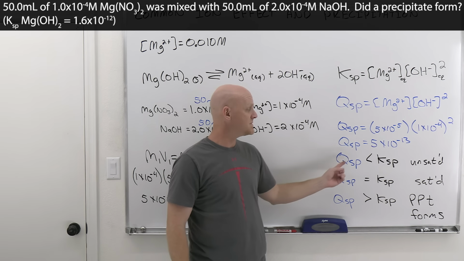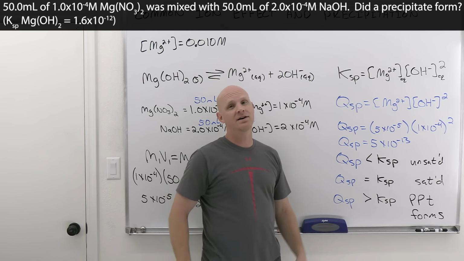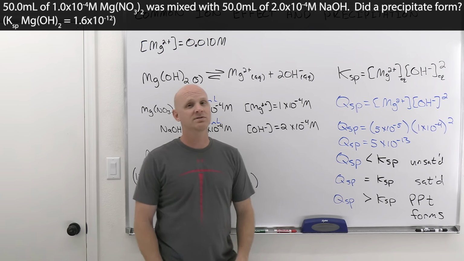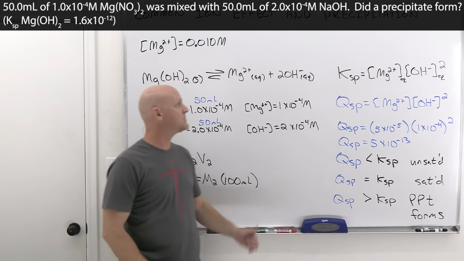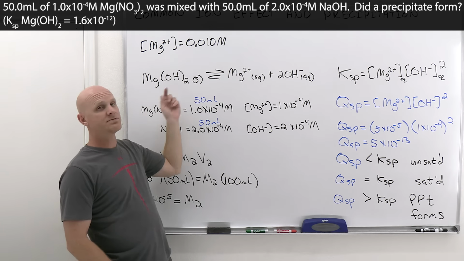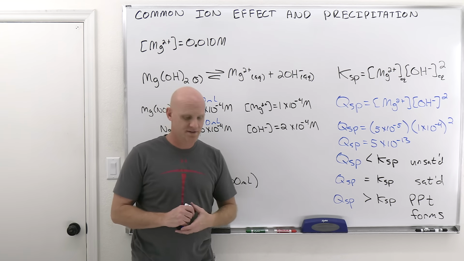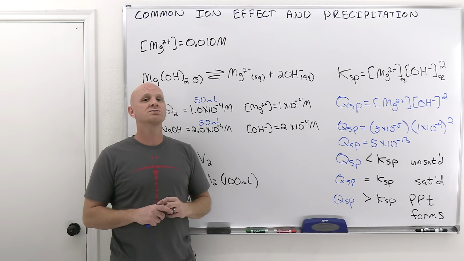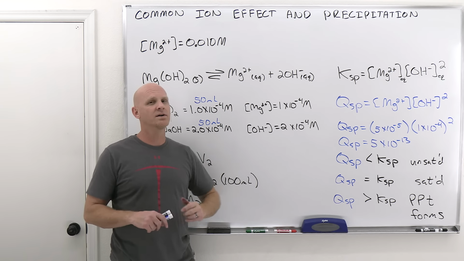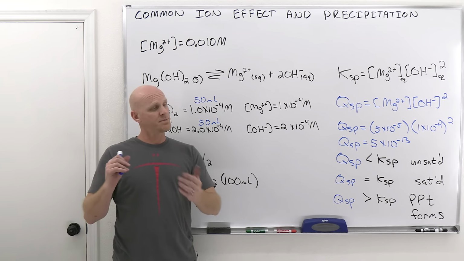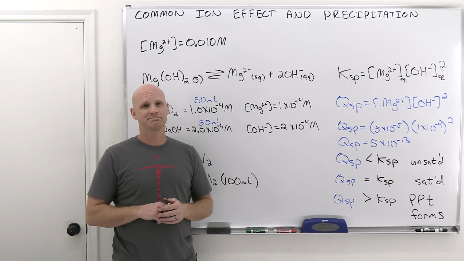And so our Qsp is now less than our Ksp. And we simply have an unsaturated solution. There's no precipitate going to form. This equilibrium is not going to shift to the left to form any solid whatsoever. So super tricky way to ask it there. I just want to make sure you saw one example of that as well before you started doing some practice on your own or before you encounter it on an exam.